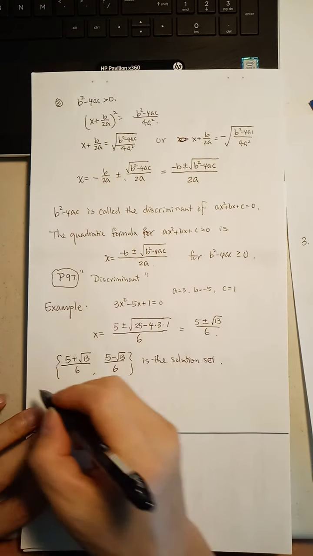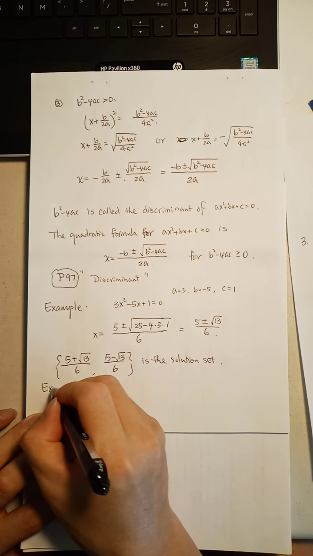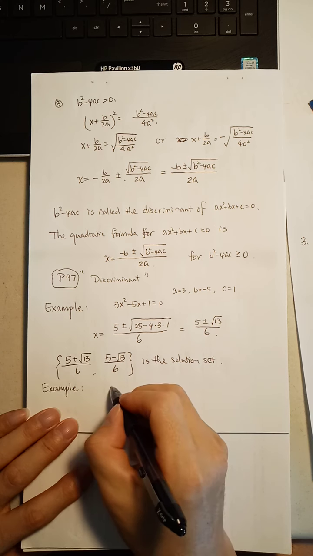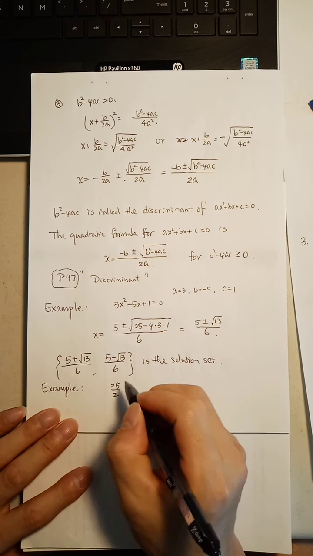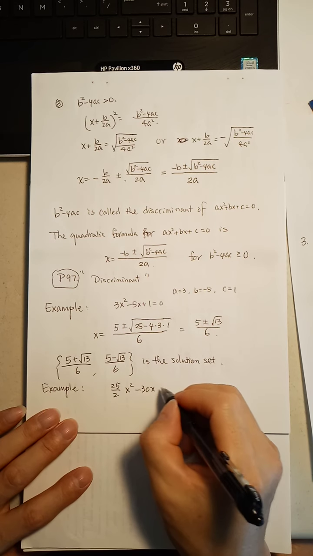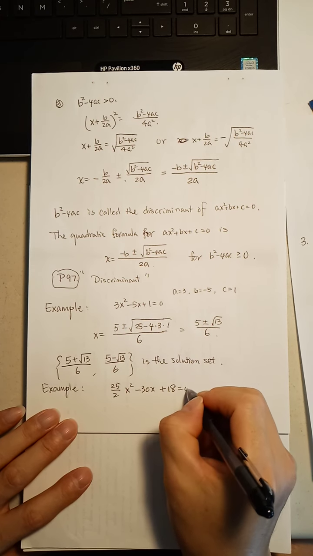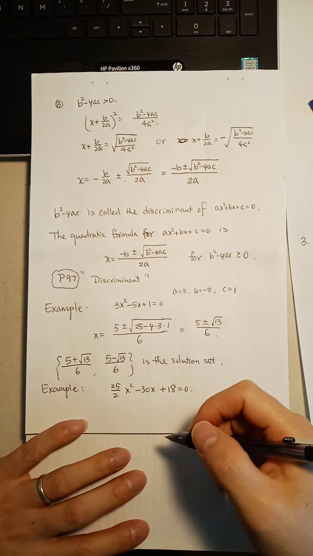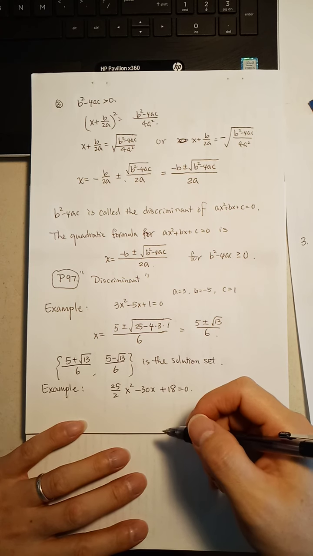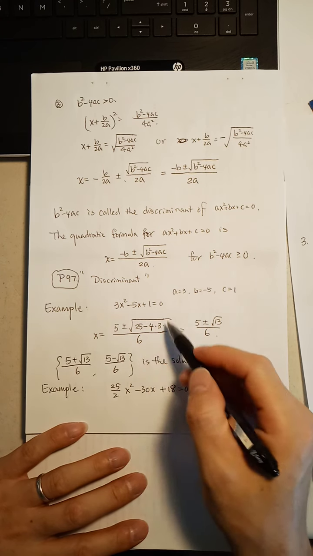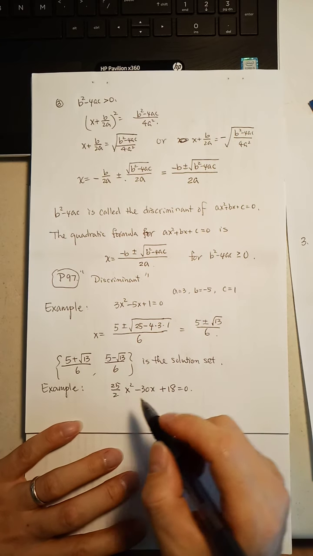Let's see another example about this application of the quadratic equation. For example, you have 25 over 2 x squared minus 30x plus 18. We prefer to use integers instead of rational numbers, because rational numbers make the computation complex.